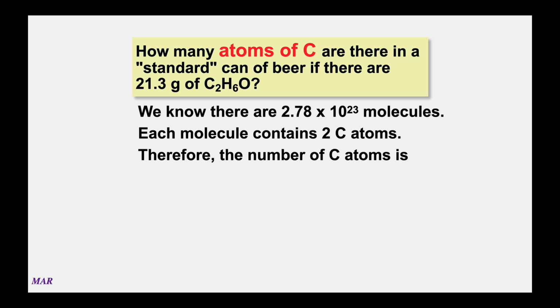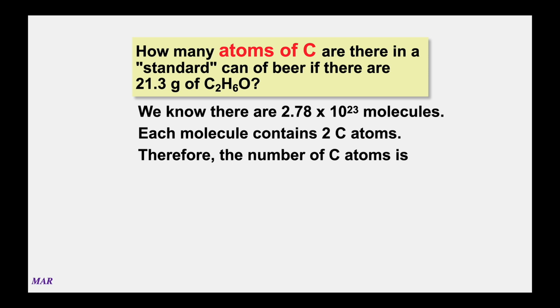But let's say you wanted to go a little further. So ethanol is C2H6O. And let's say that you wanted to figure out not just the number of molecules, but how many atoms of carbon there are. And that's a totally cool thing you can do with this kind of section too. So you've got 2.78 times 10 to the 23rd molecules of C2H6O.